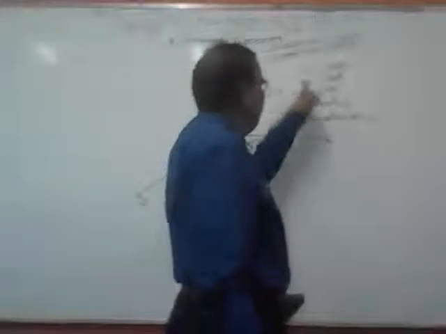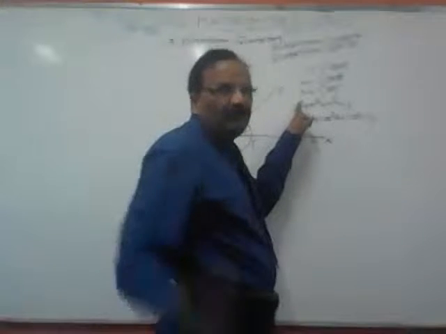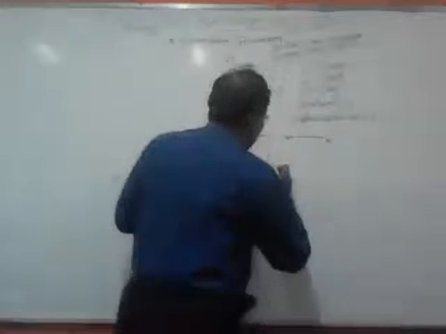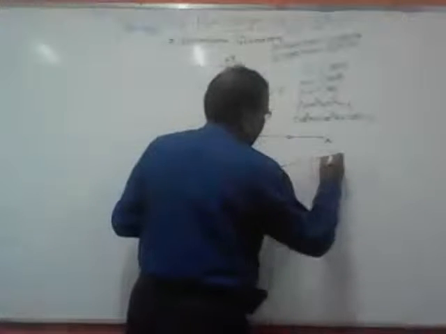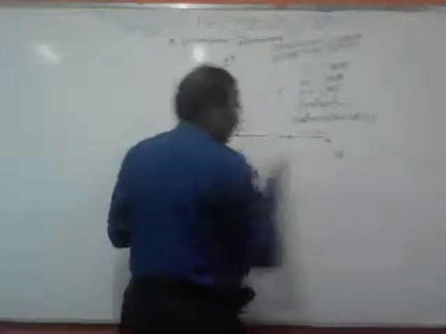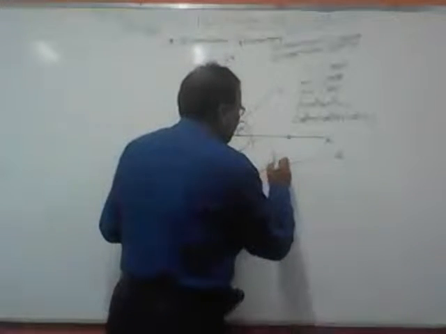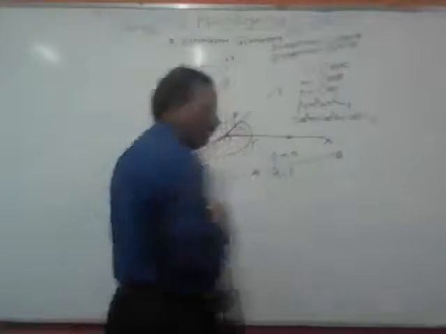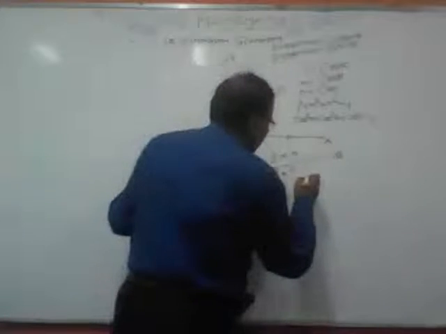If L, M, N are the direction cosines and a, b, c are the direction ratios of a vector, suppose line AB, then what happens?